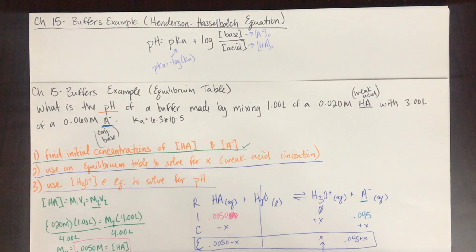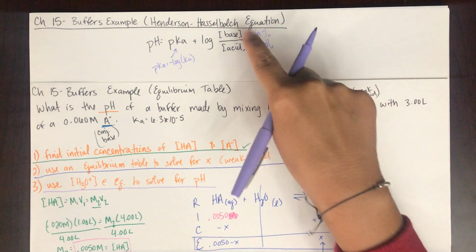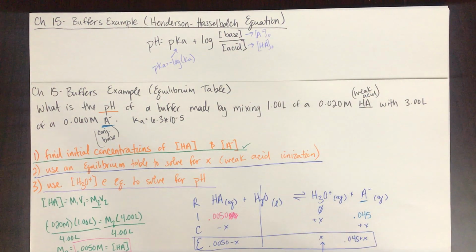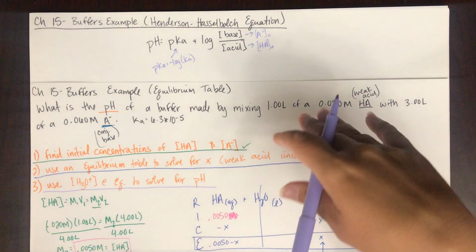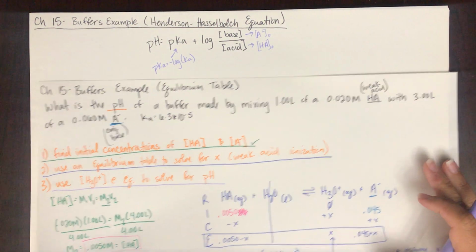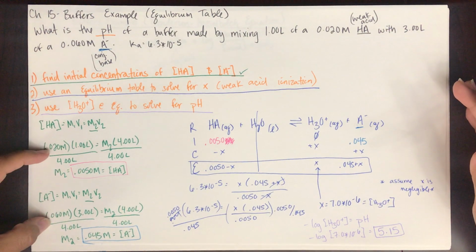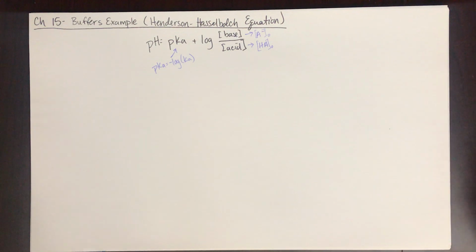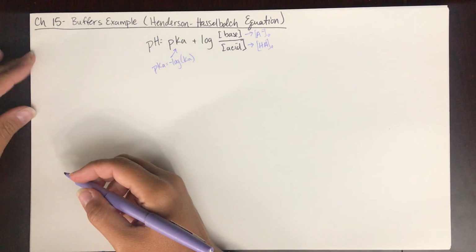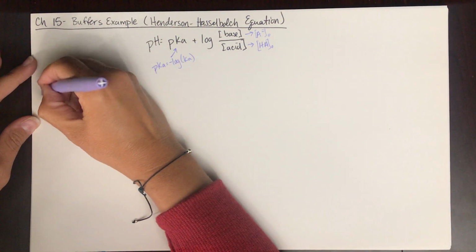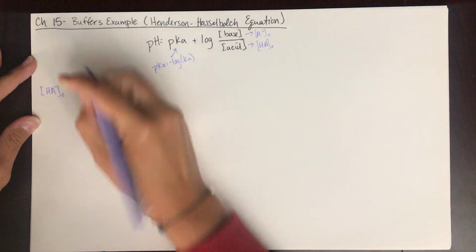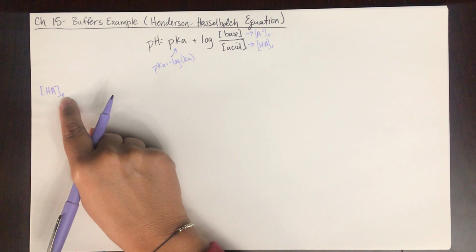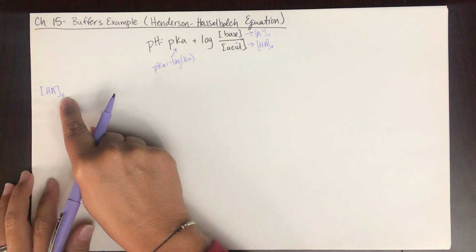This is another thing to pay attention to, because some problems will say these are the initial concentrations, and then you wouldn't need to do any dilution calculations. Here, we needed to do a dilution calculation. We already did this in the previous example, so I'm not going to write this out again. But in the previous example, we saw the initial concentration, and I'm putting that little zero there to remind us this is the initial concentration in our equilibrium table, not the final concentration.